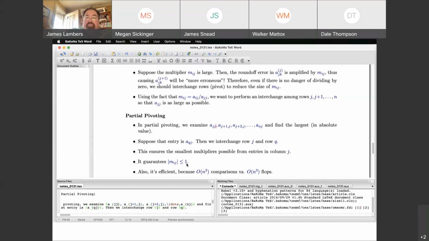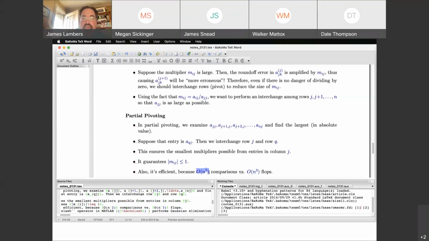Now, this does add some overhead to Gaussian elimination, but it's a reasonable amount. In the first column, to determine which is largest, you're performing about n comparisons, then in the second column n minus 1, then n minus 2, and so forth. So overall, you're performing order n squared comparisons to figure out which rows to interchange.